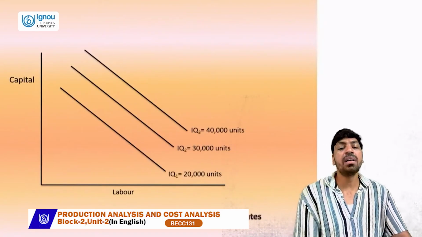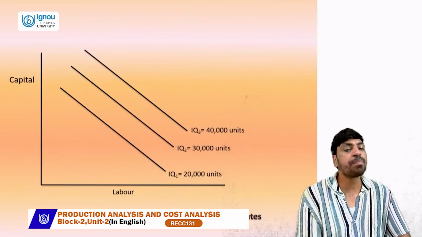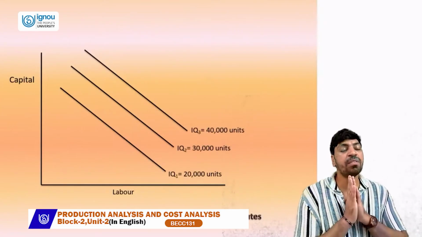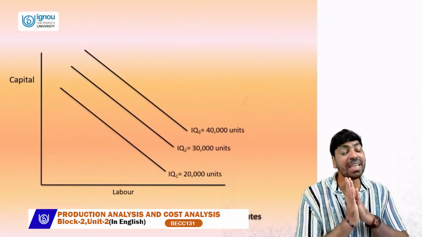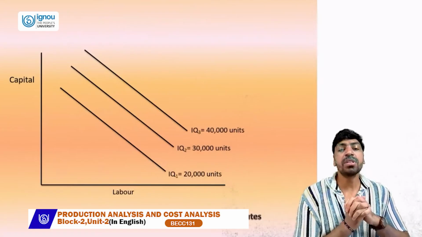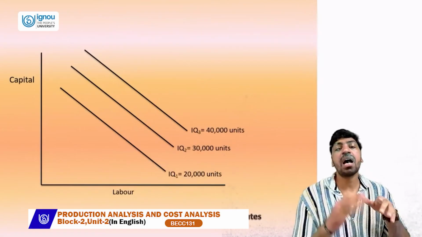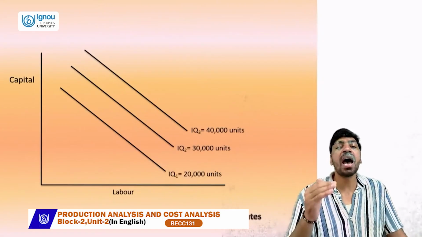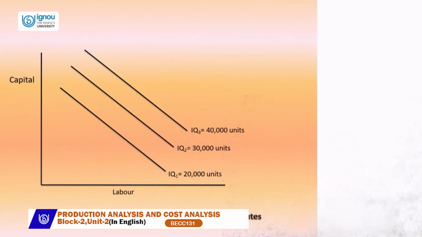So these are, you can say, the perfect substitutes. If one of the isoquants which yields 20,000 units is downward sloping, the other two, the higher isoquants, will also have the same shape, which is called the perfect substitute.